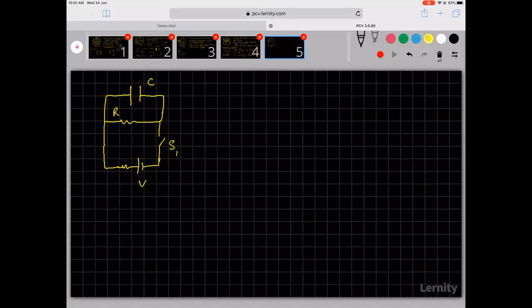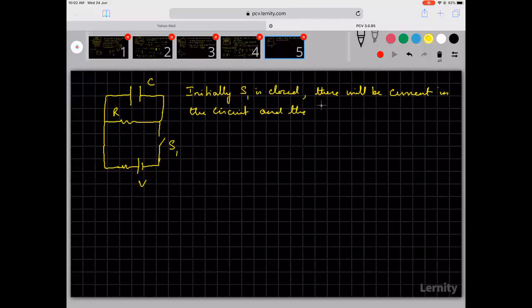Initially S1 is closed. S1 is closed means what? There will be current in the circuit, and the capacitor will get charged.